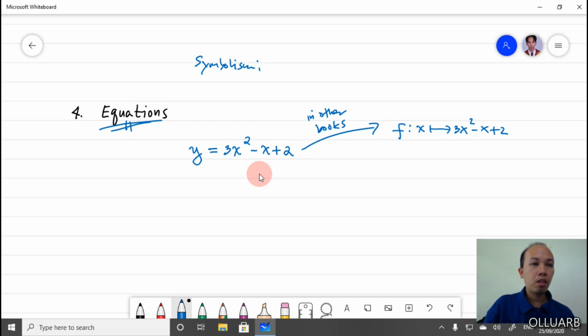In describing relations using equations, you may find this notation in other books. This one, or you can find this notation. This means that your variable here, notice the symbol.